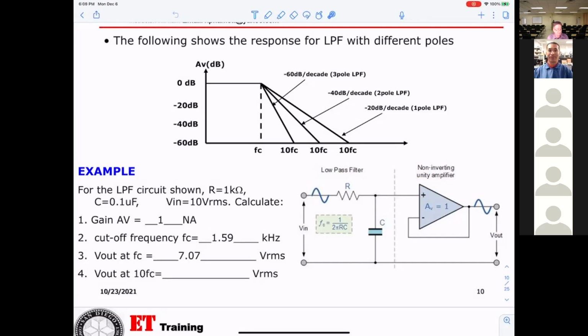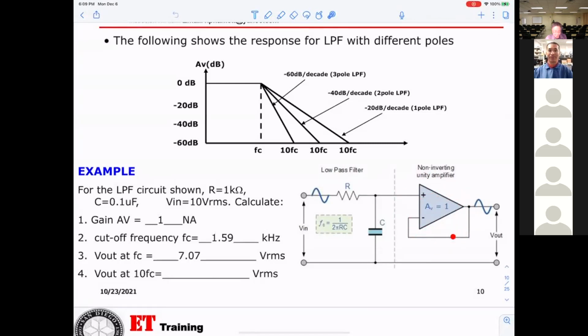Okay, so on this circuitry, when you're looking into that, that will be a follower, a unity gain amplifier. If you don't know, you have to go back into the operational amplifier to read regarding the part of the follower.